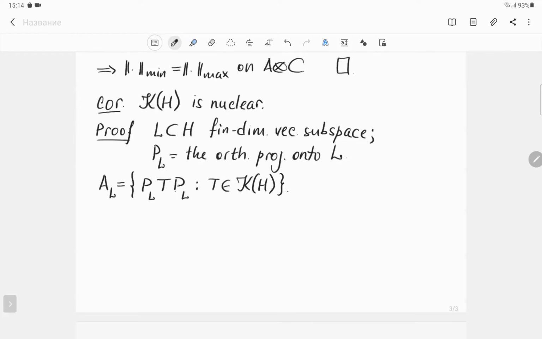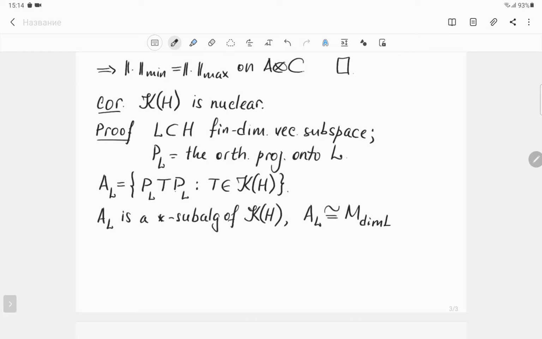It's a simple exercise to show that AL is a star subalgebra of K(H). And this subalgebra is isomorphic to the matrix algebra, the algebra of all n by n matrices, where n is the dimension of L. This is a simple exercise.